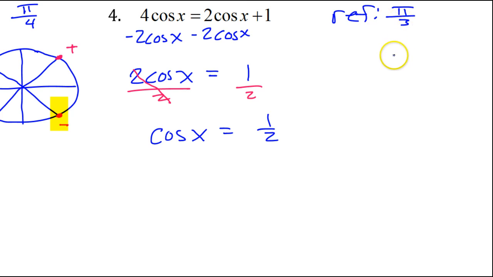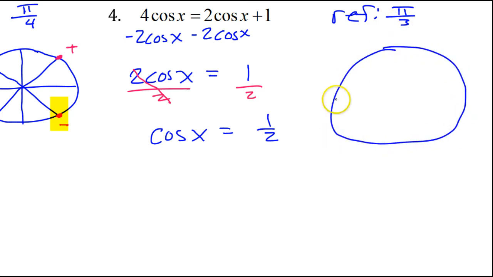Because the reference angle is pi over 3, I'm going to draw myself a chart of pi over 3. I'm going to take pi and divide it up into 3 pieces. So these are pi over 3's now. Here are the 4 angles that have a reference angle of pi over 3.